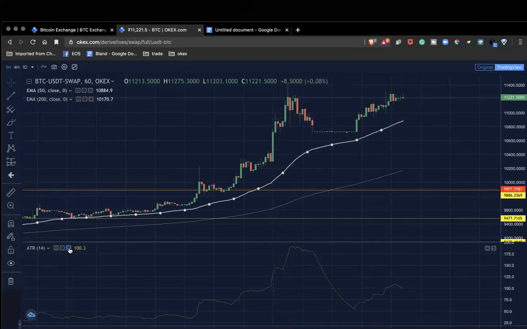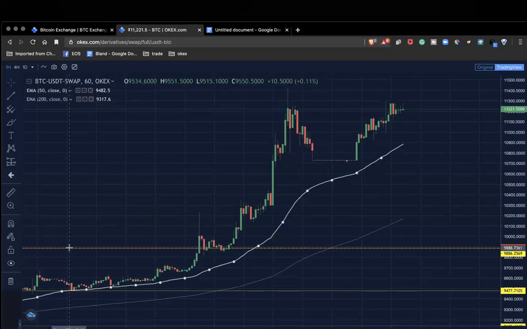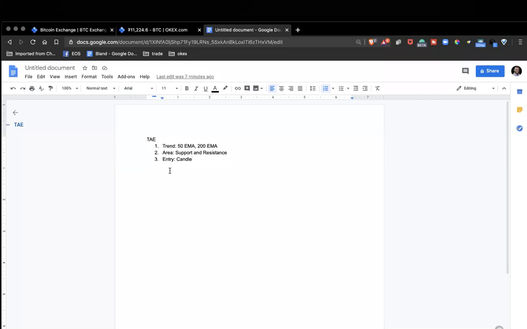So there are different indicators, but you don't want to overfill your charts with them. You just want a few indicators that will give you what you need. A very common strategy you can use is TAE. You want to look for the trend, an area of value, and an entry trigger. The trend will show you where the market is going, so you want to trade in the direction of the trend.